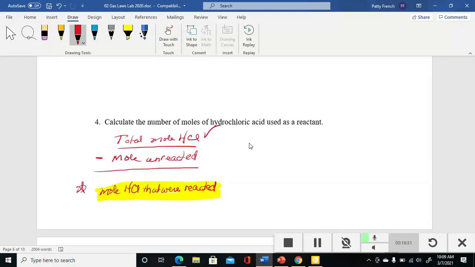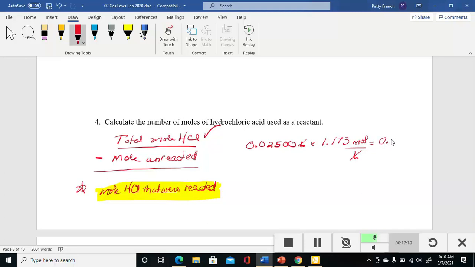So here we're doing the total moles. And that is our volume that we used, and this was the same for all your runs, a 25 milliliter volumetric pipette, times the molarity. This was standardized, and you're, remember, going to use the molarity that was used in your lab.